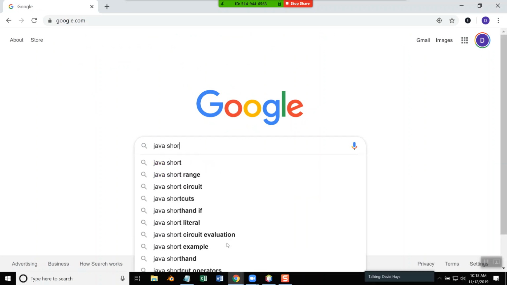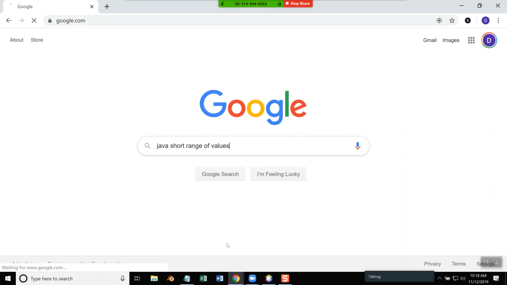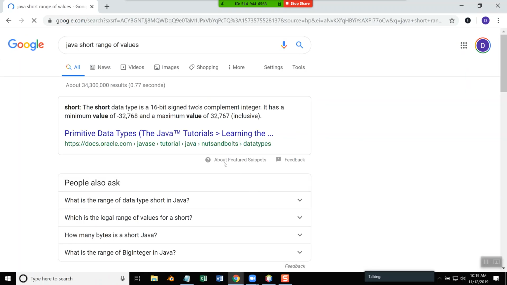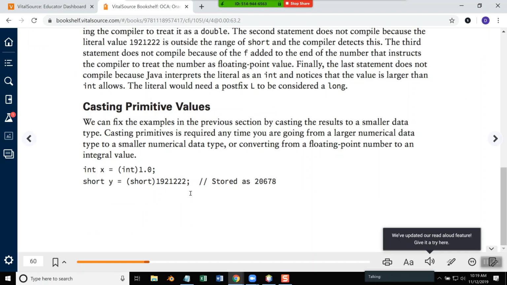Java short range of values. Short has a maximum value of 32,767. So why would it be stored as 20,678?